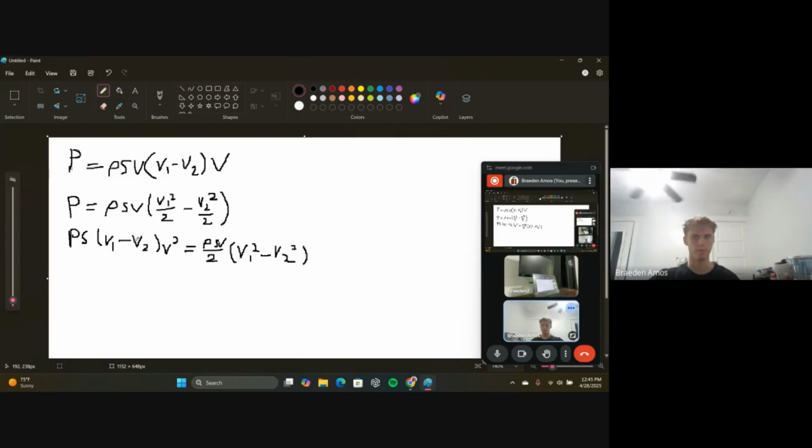Okay, so what we can do is we can cross out this, and we get (V1 minus V2) times V is equal to (V1 minus V2)(V1 plus V2), and all of that is over 2.